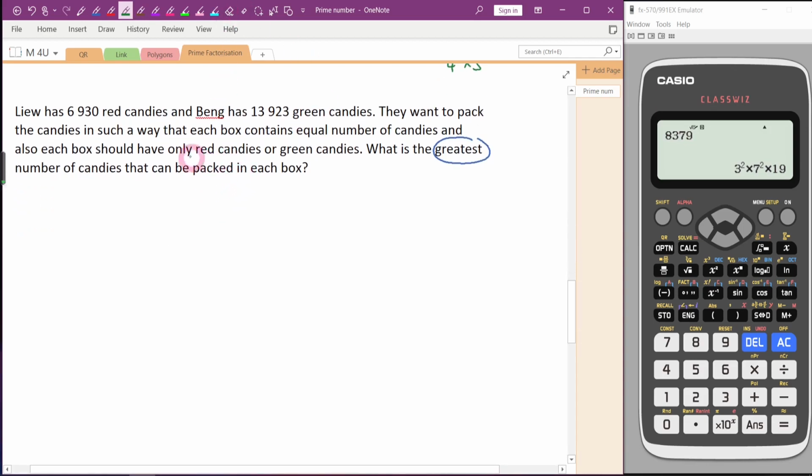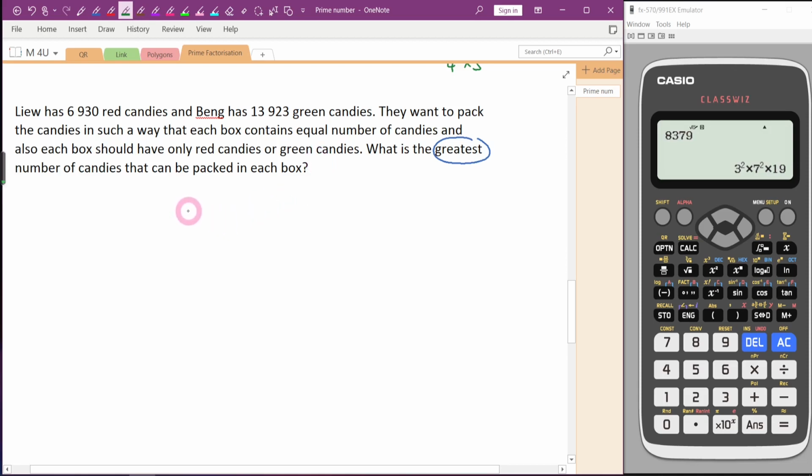Okay, now we have this large number of red candies and green candies. We want to separate them into many boxes. Every box needs to have the same number of candies, and we want to find the greatest number of candies. So we know that we will need to use HCF to solve this question.